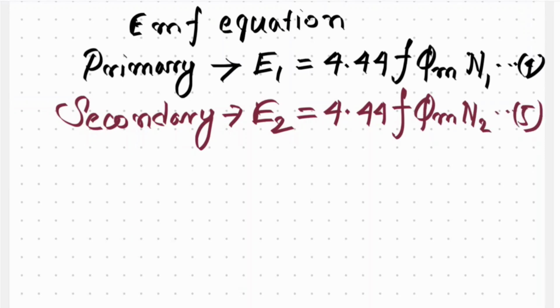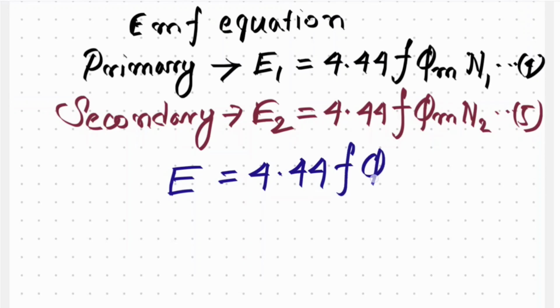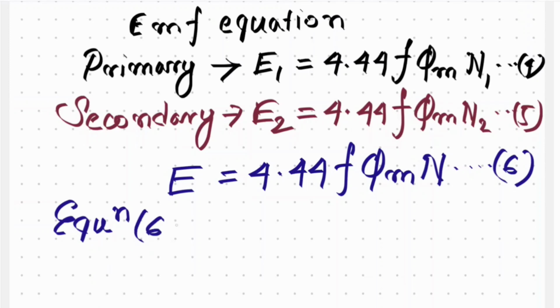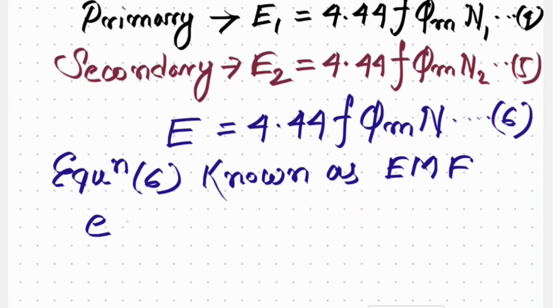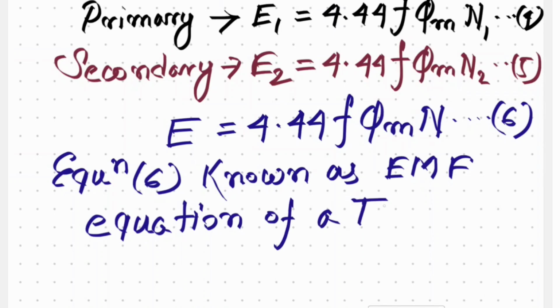This is equation 5. So in general we can write that E is equal to 4.44 f phi m N, and this is equation number 6. This equation 6 is known as the EMF equation of a transformer.